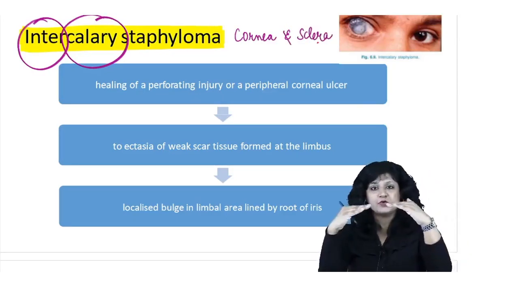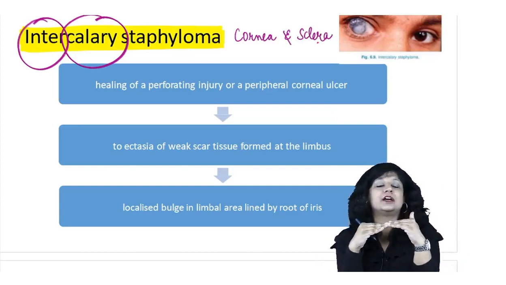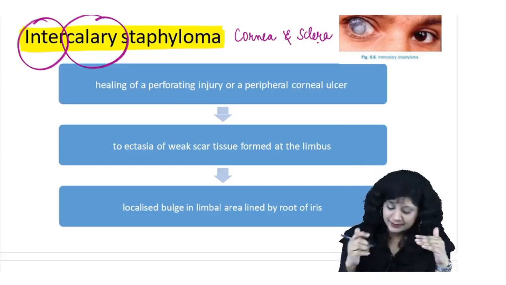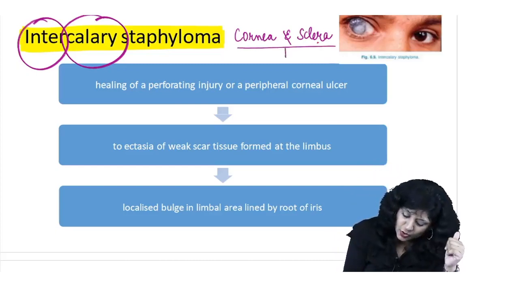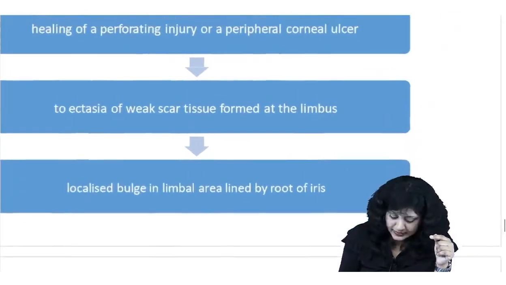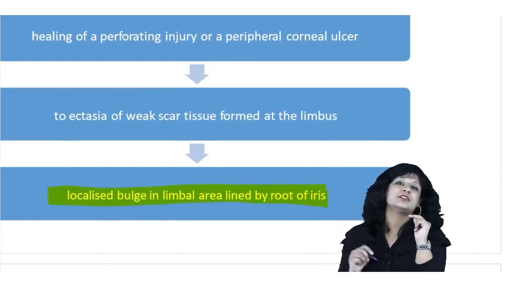So where you have the adjacent areas, the junction is the area which is your intercalary. And what is that junction called? That junction is called the limbus. And this limbus is marked by what? This limbus is marked by the root of the iris.